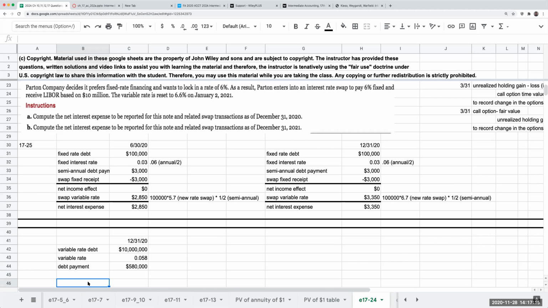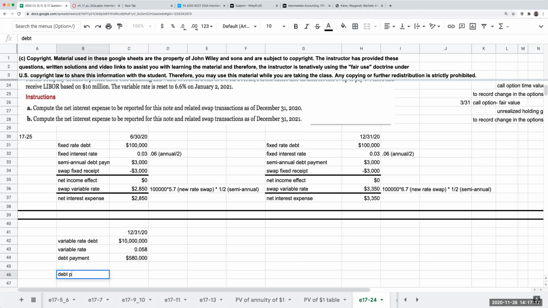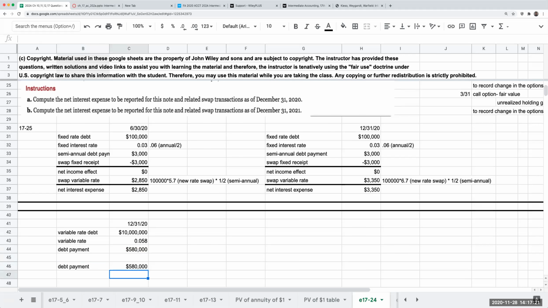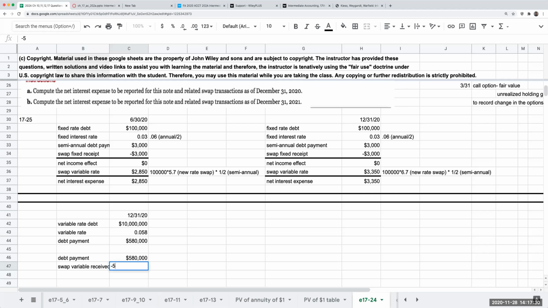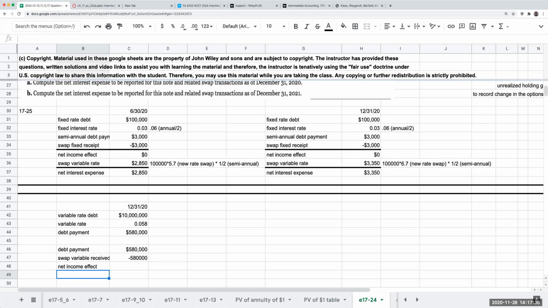Okay, so over here, my debt payment is 580, swap, variable received. Net income effect is 0.